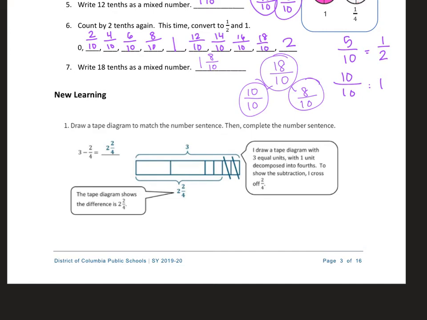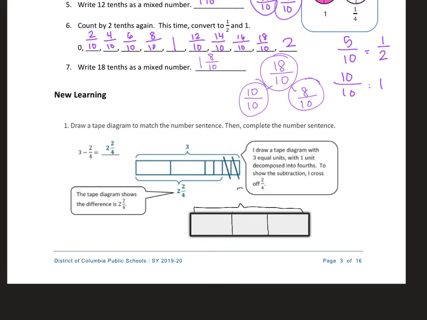So they said, okay, I'm going to draw a tape diagram, and I'm going to split it into 3 units because I know that I have 3 wholes here, because my number sentence says 3 minus 2/4.